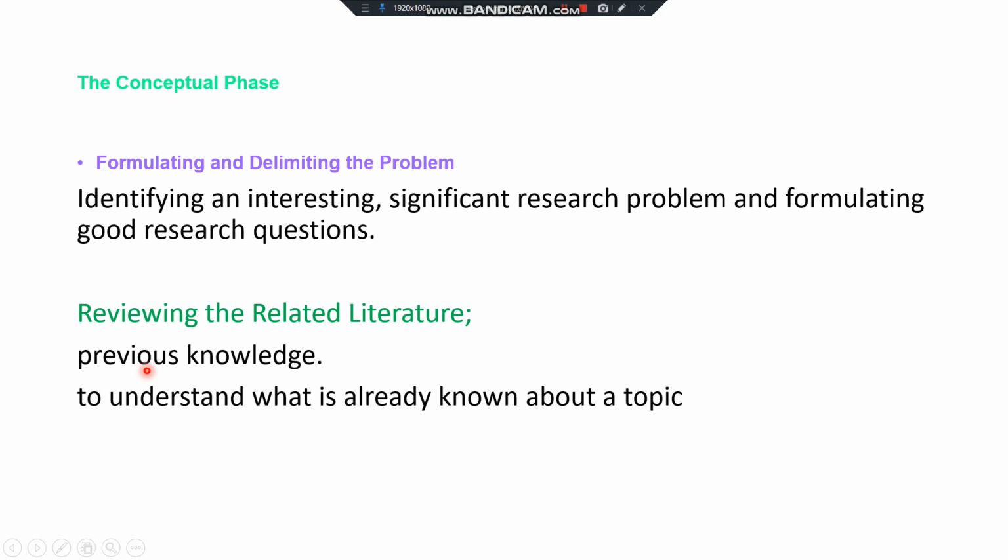Surely, it will be helpful to us, just as when we do something new and someone helps us. The same we apply in the literature review. So two things should be kept in mind in the conceptual phase: first one is formulating and delimiting the problem, and second one is reviewing the related literature. Okay, thank you.